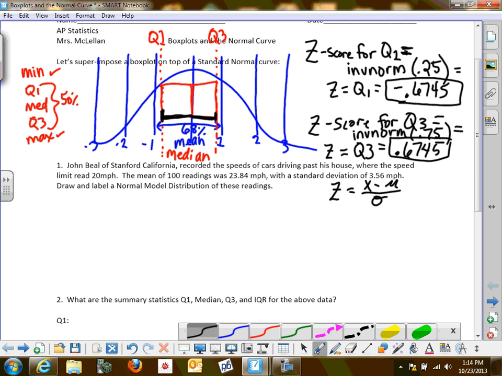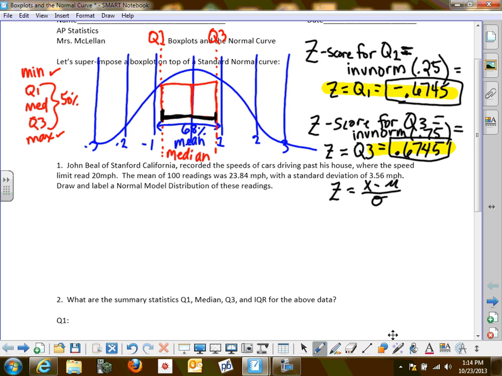Now, I have been asked in my other classes today if you need to memorize this number here. And my answer to that is no. Because honestly, I don't want you to memorize random numbers that you get from a conceptual idea.